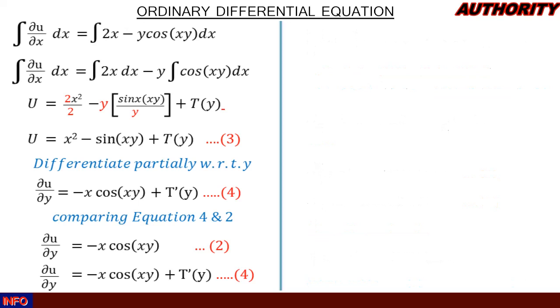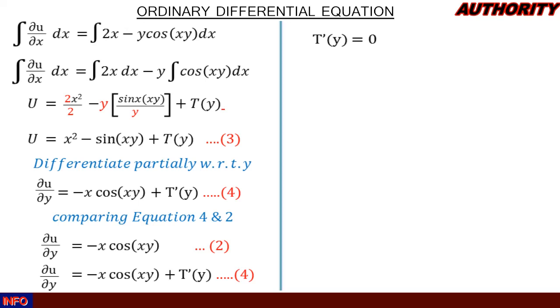Comparing the two equations, you see here we have the partial derivative of u with respect to y is this. And then also we have another value for the partial derivative of u with respect to y. Okay, so comparing them, we see that t prime of y is equal to 0. You see, we have the partial derivative of u with respect to y in equation 2, and in equation 4 we also have it.